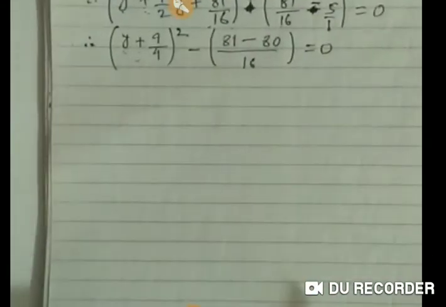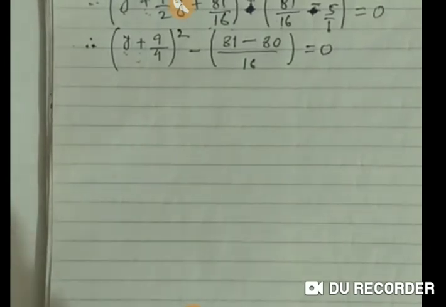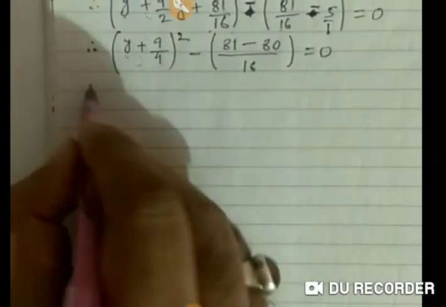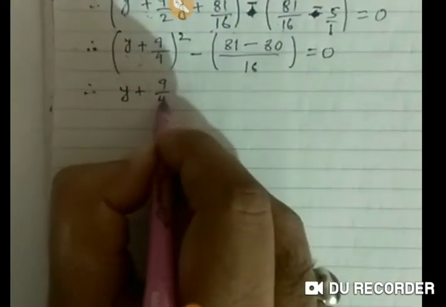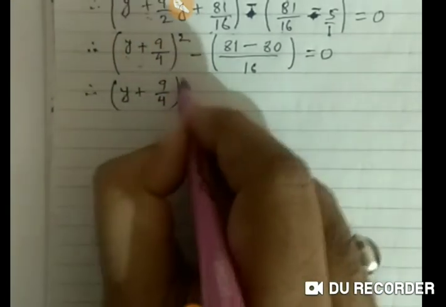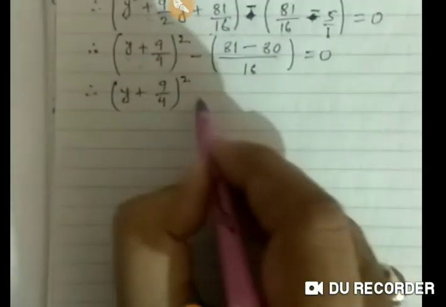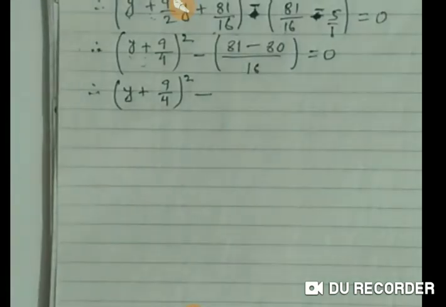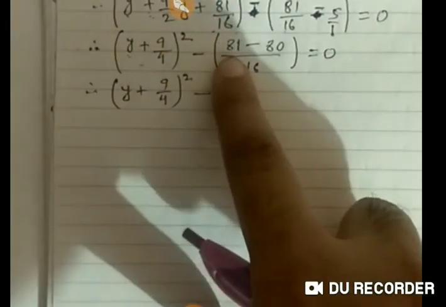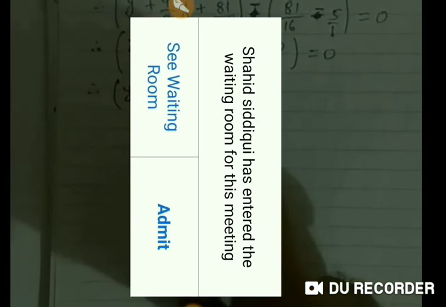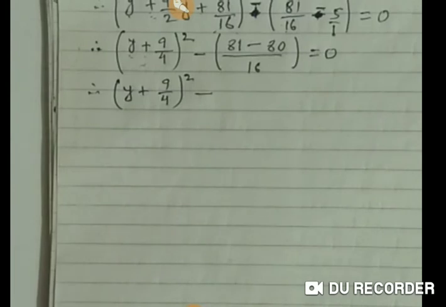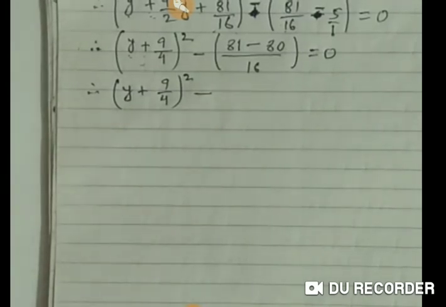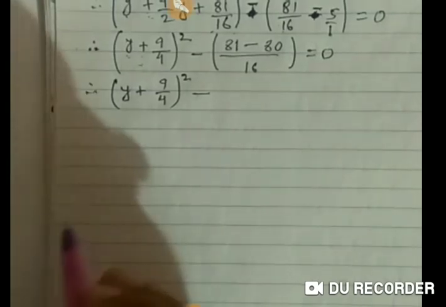So next, I'll write y plus 9 by 4 whole square minus 81 minus 80 upon 16. You need to simplify this. Now how much? Is it 1 upon 16? Yes.